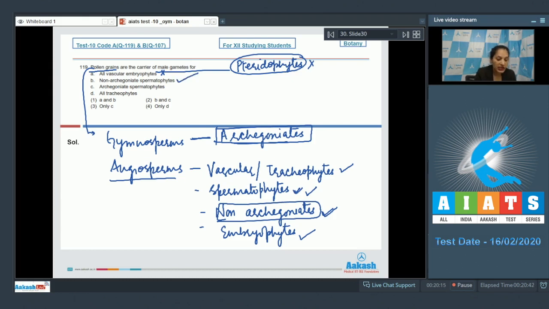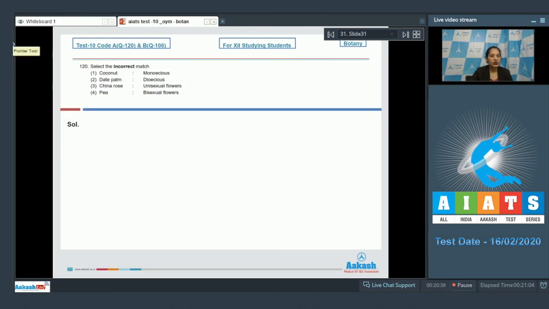So this is correct. Archegoniate spermatophytes, yes, gymnosperms are archegoniates and spermatophytes. This is correct. All tracheophytes means all vascular plants, which includes pteridophytes again, so this is not correct. So B and C. The correct option for the given question is option number 2.